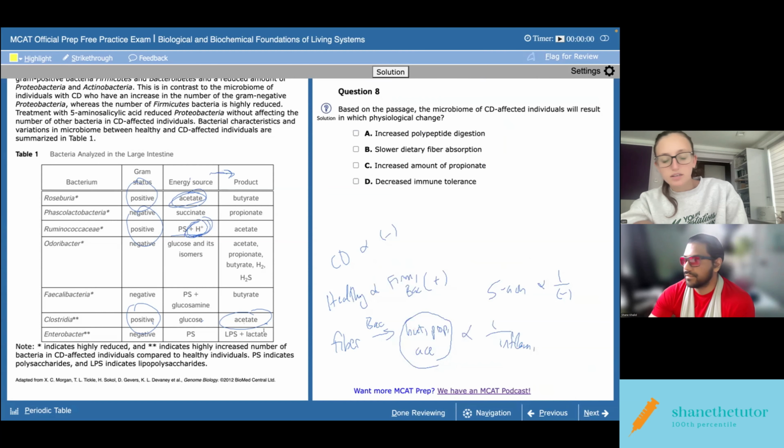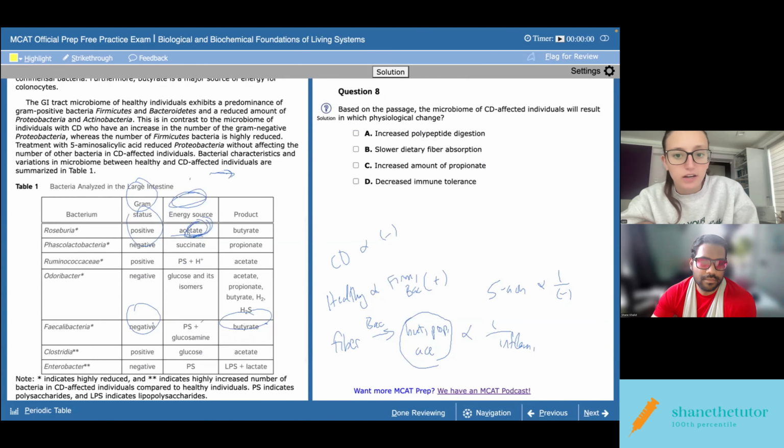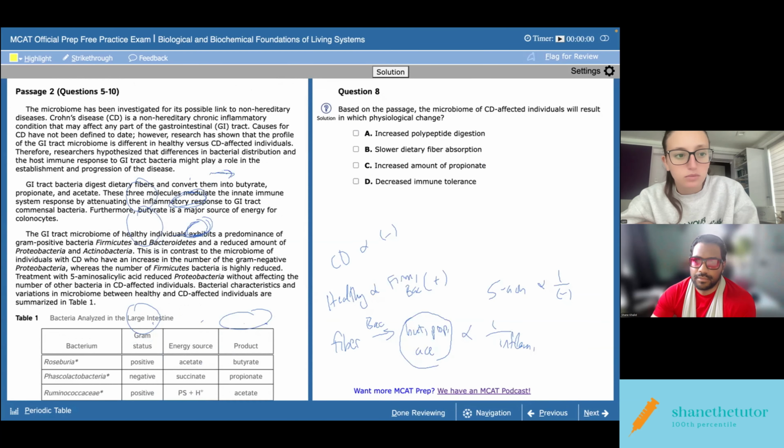I think C's wrong. It doesn't say anything about propionate. Immune tolerance isn't necessarily a factor, so I'm going to put a question mark on D for now.